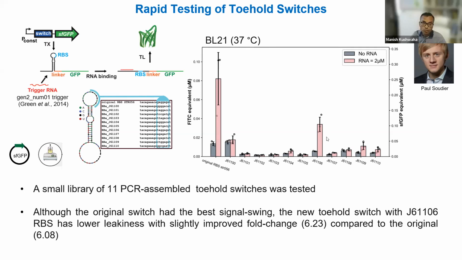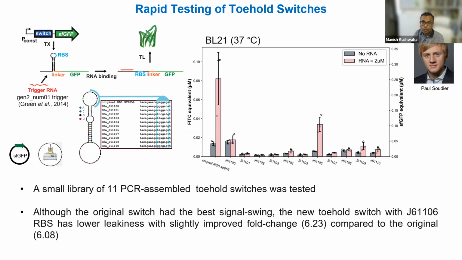So depending on the application, one may want to go for the original RBS or this one. But it at least demonstrated to us that this is a great way now to be able to quickly assemble a lot of different riboswitches, PCR assemble them, and just put them into the lysate and test out different riboswitch designs.